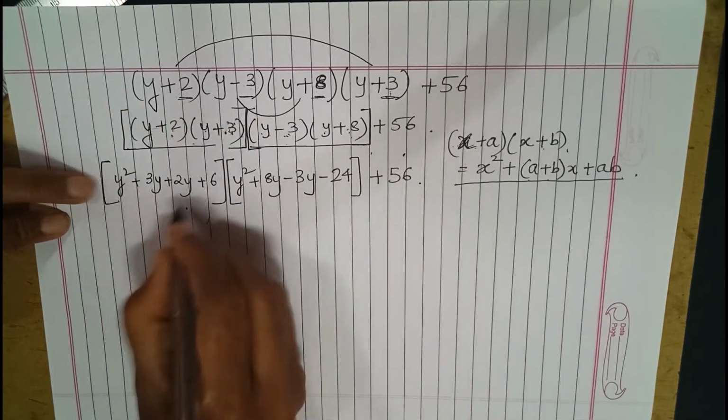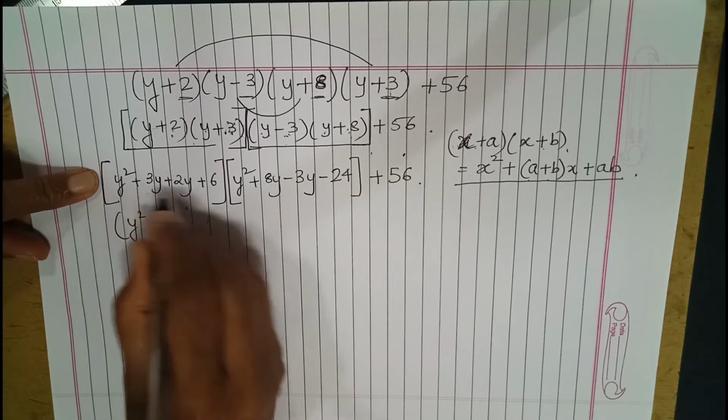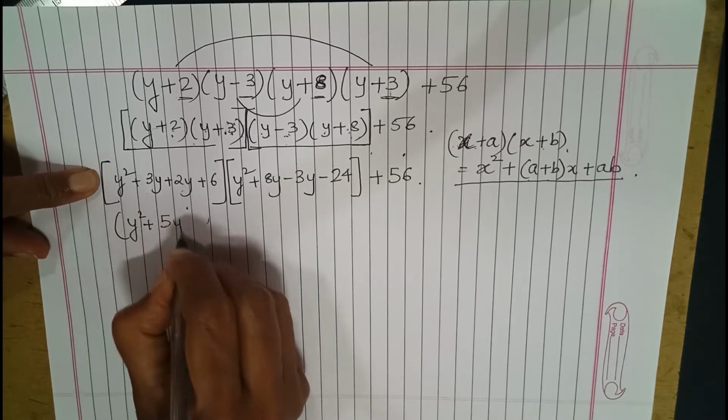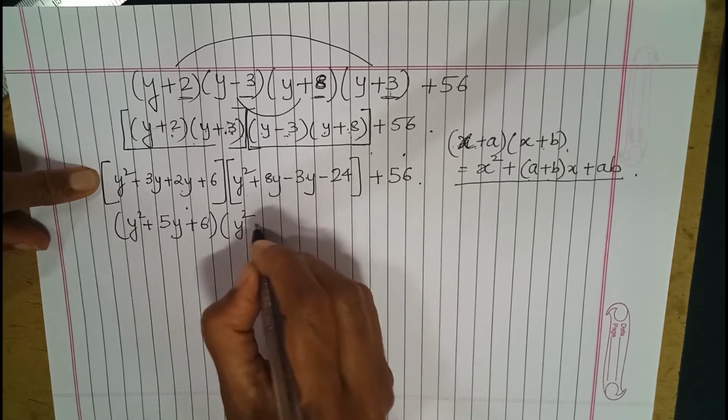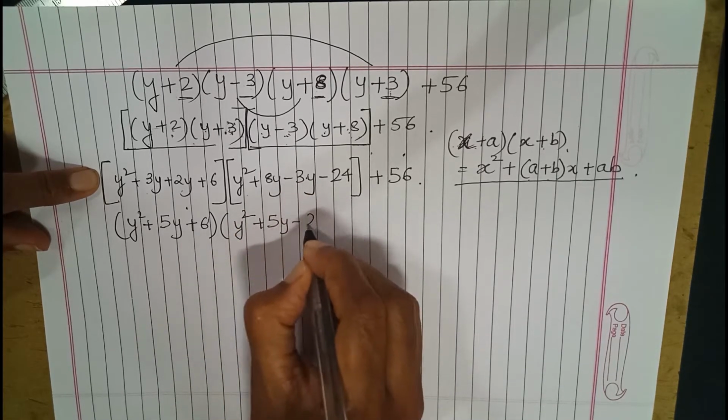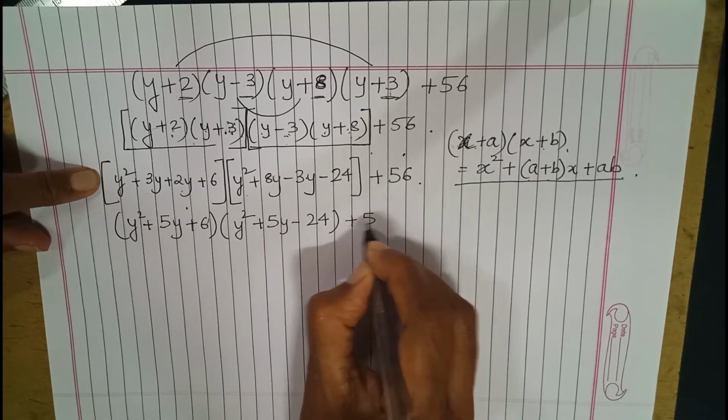Now you can see we'll solve this first. So what we get is y square, 3 plus 2 is 5y plus 6. Similarly here, y square, 8 minus 3 is 5y and minus 24 and 56.